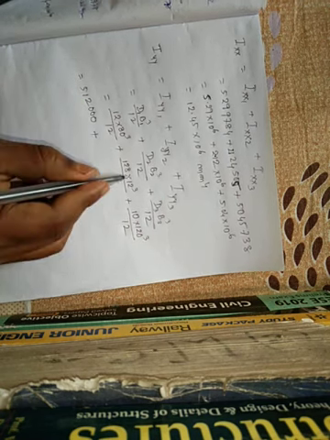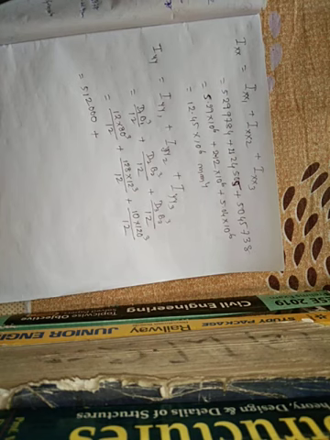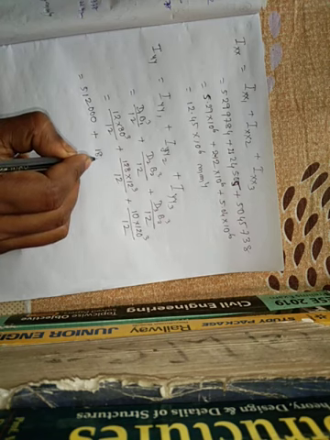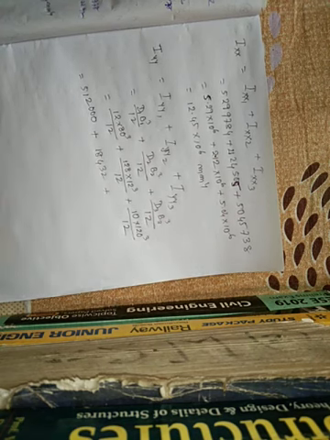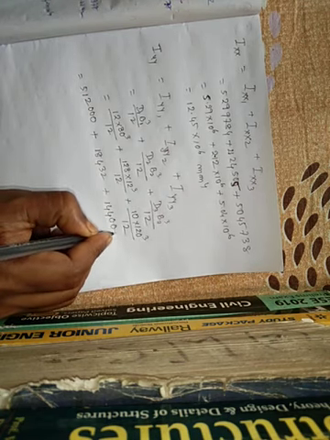Plus, calculate this part, 128 into 12 cube divided by 12, which is equals to 18432, and this one will be 10 into 120 cube divided by 12, which is equals to 14400.